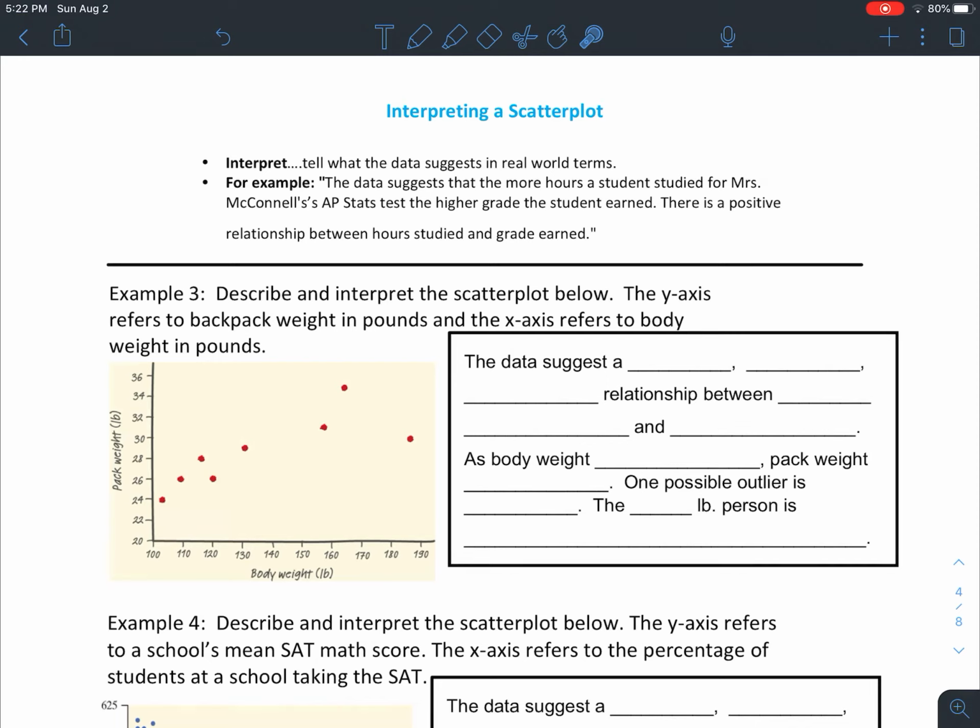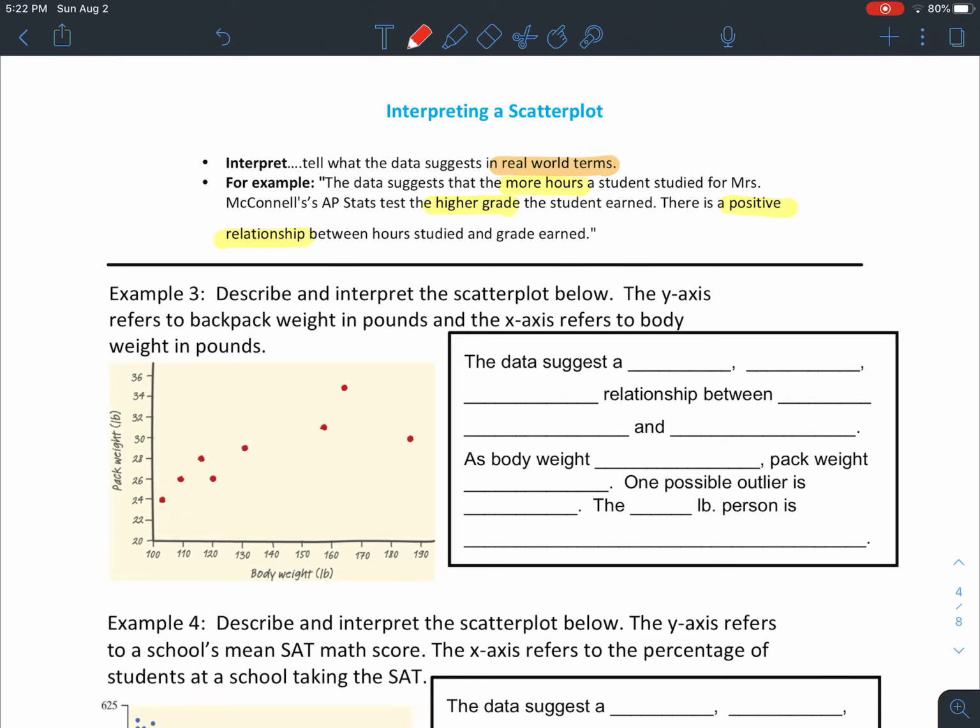There is a positive relationship between hours studied and grade earned. That's what we mean when we say that there is a positive association: as one variable increases, the other variable is also increasing. And that right there is doing a really nice job of putting things in real world terms.